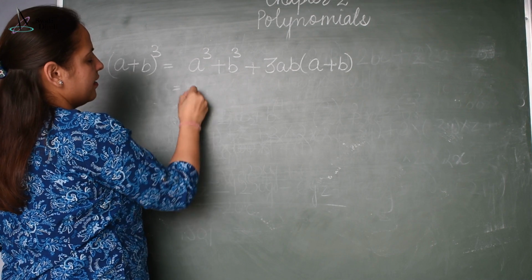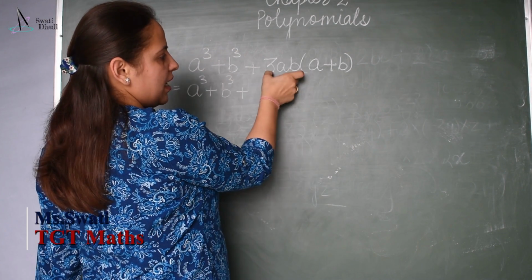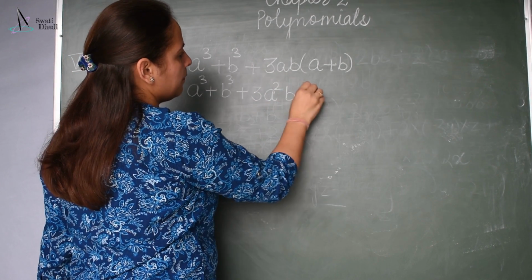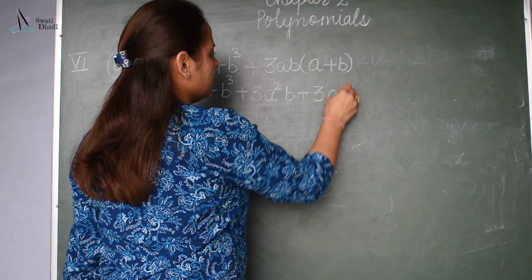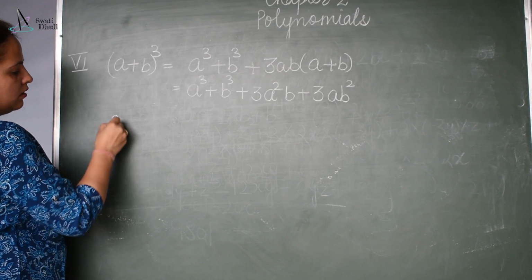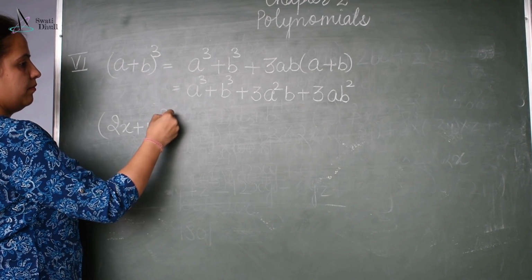Or you can write it as a cube plus b cube plus, you can multiply this term with this bracket, that will become 3a square b plus 3ab square. Now let's take an example: (2x + y) whole cube.